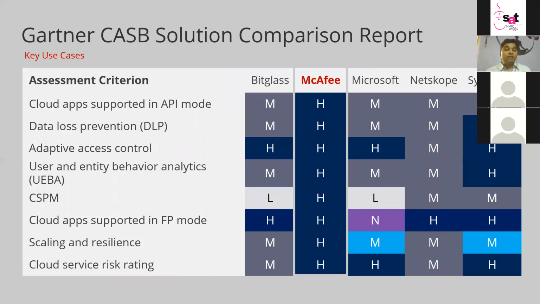And in some of the areas like data loss prevention, cloud application API mode support, access control strength, user behavior analytics within the solution, and the forward proxy mode, all of that, we have got the high compared to anybody else in the industry, right? Again, that's just a point saying that in industry fields, the analysts feel that McAfee has an upper edge, strong innovation, strong execution. Because of that, we get these highs.